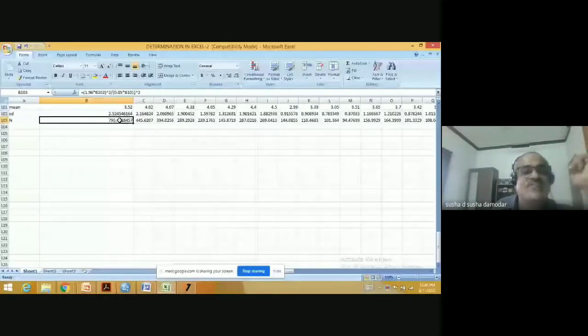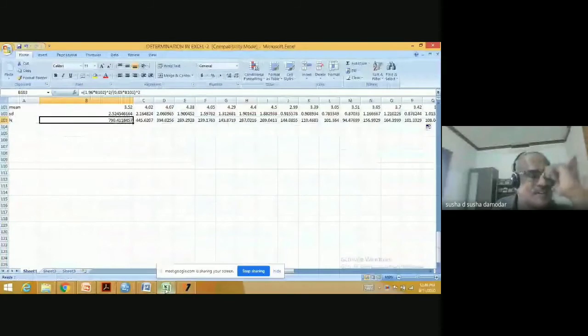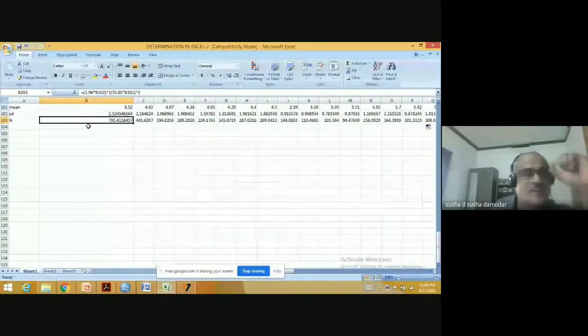See, once again, firstly we calculate the mean and standard deviation, then apply this formula in the Excel format, with a different mode of application of that formula, then we will get the n.